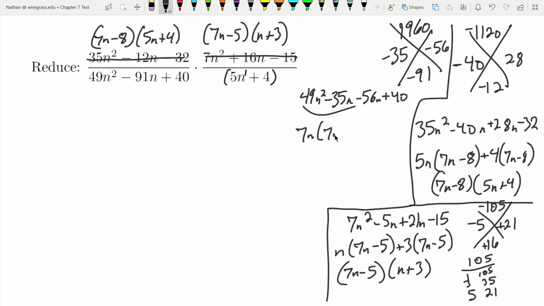That's going to leave me with 7n minus 5. Take out a negative 8, which I think can go into both of those. 7n minus 5. So I get 7n minus 5 times 7n minus 8. Okay.